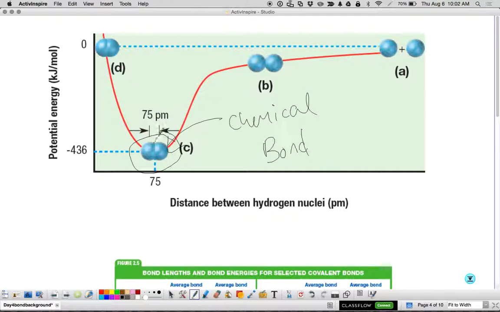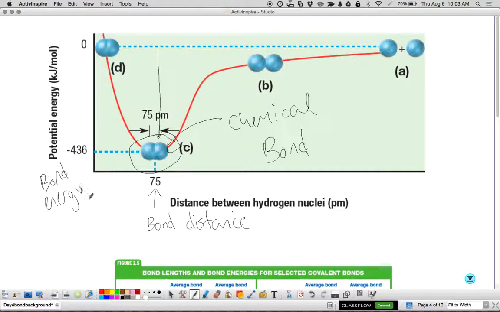Right? And so when this chemical bond forms, the distance between the hydrogen nuclei, we call that the bond distance. Okay? And the energy from infinitely far apart down to this minimum here is what we call bond energy.